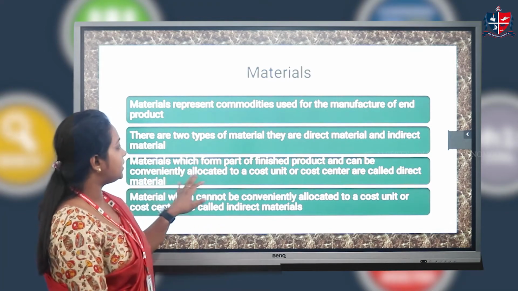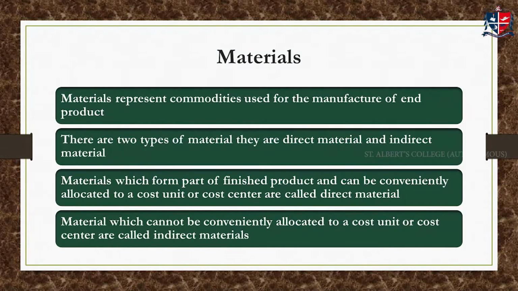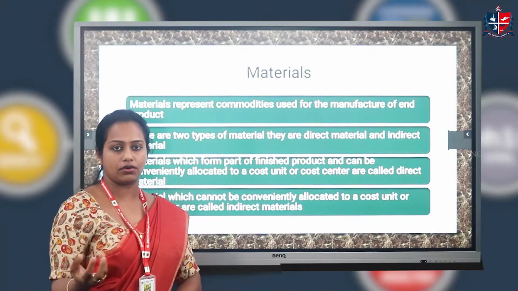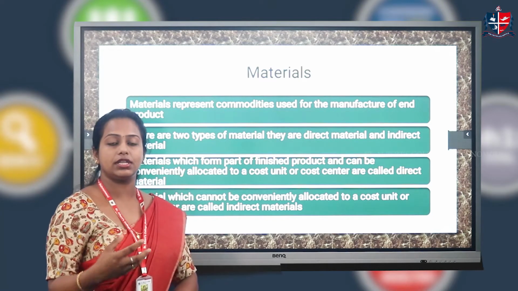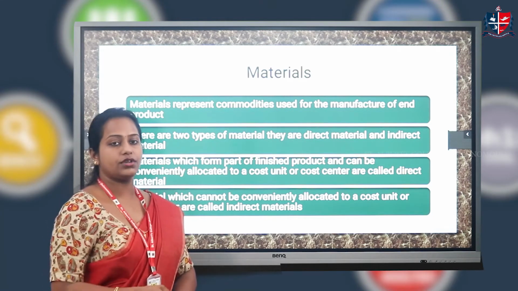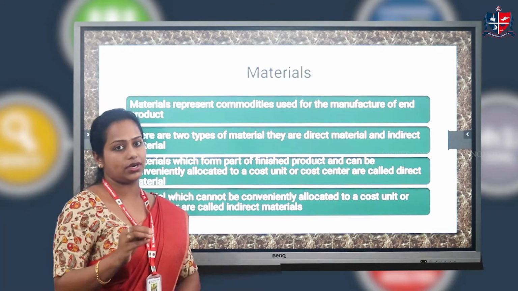Direct materials are those materials which directly form part of a finished product, or which we can directly allocate to a particular cost center, or which take part in the production of a finished product. Such materials are called direct materials.